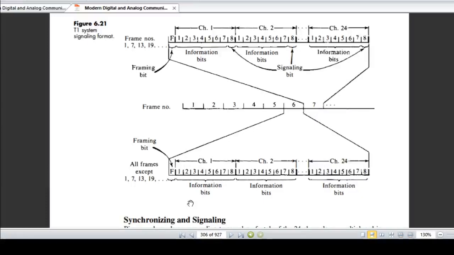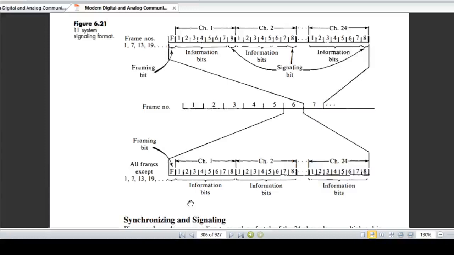So these 12 bit codes are transmitted. This code is transmitted repeatedly once every 12 frames. So once these 12 frames have passed, this code, that is 1101 1100 1000, is transmitted, and it is used at the receiver to obtain synchronization.